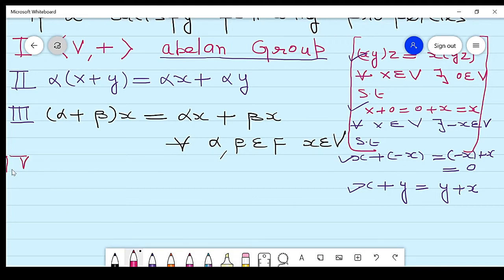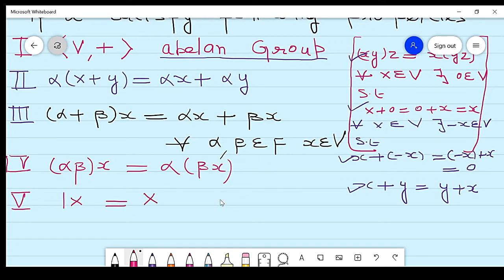Property number 4: (alpha beta) times x is equal to alpha times (beta x). And property number 5: 1 times x is equal to x.